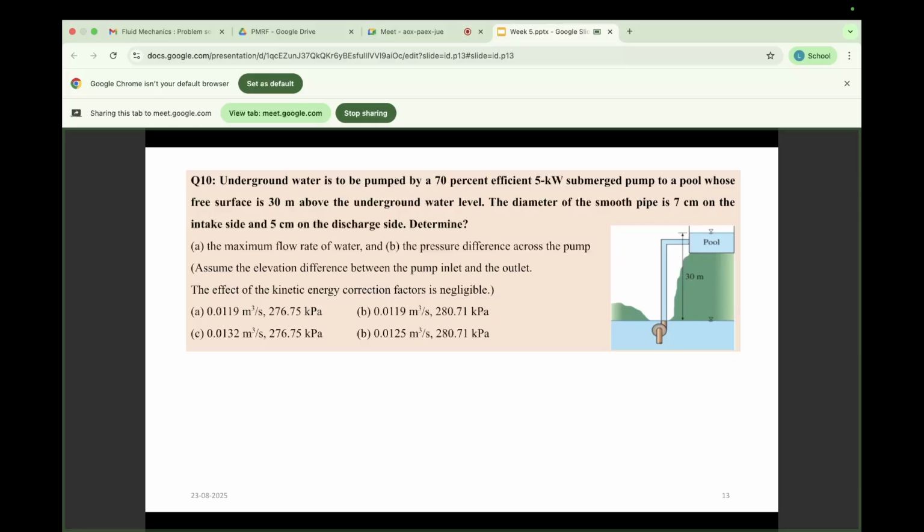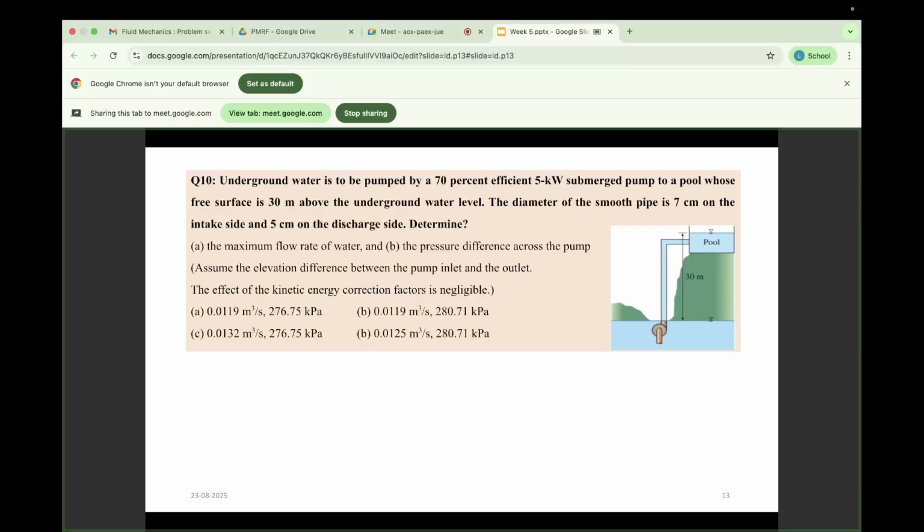Underground water is pumped by a 70% efficient 5 kilowatt submerged pump to a pool whose free surface is 30 meter above the ground. The diameter of the smooth pipe is 7 centimeter on the intake side and 5 centimeter on the discharge side. Determine various things. The first is the maximum flow rate of water we need to calculate. Next is the pressure difference across this pump, also we need to calculate.